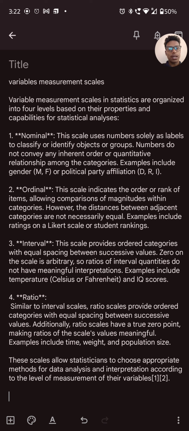And then we went to the variable part. We saw quantitative variables, qualitative variables, discrete variables, and continuous variables. And lastly, we covered the variable measurement scales, which are four: nominal, ordinal, interval, and ratio.